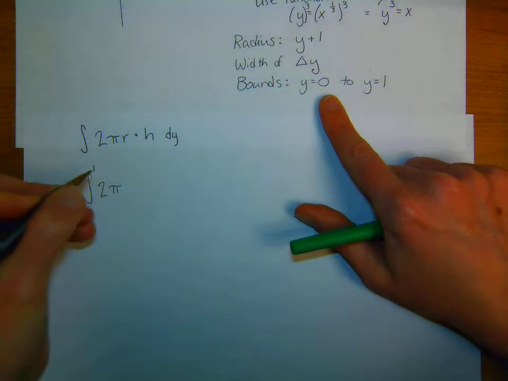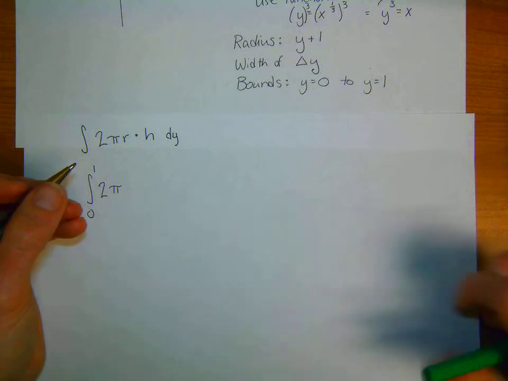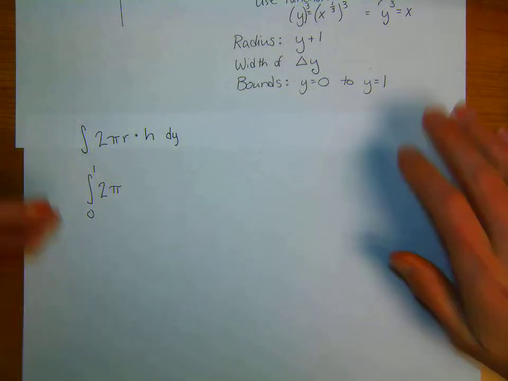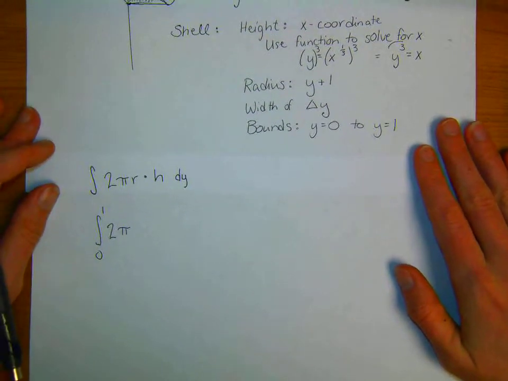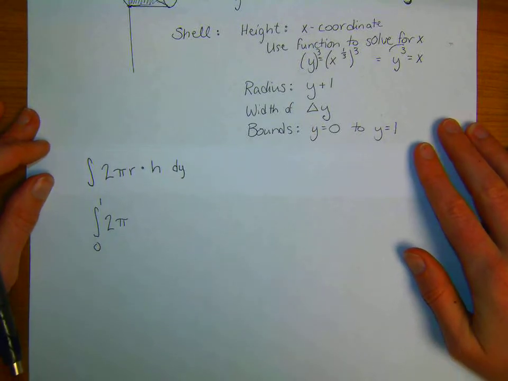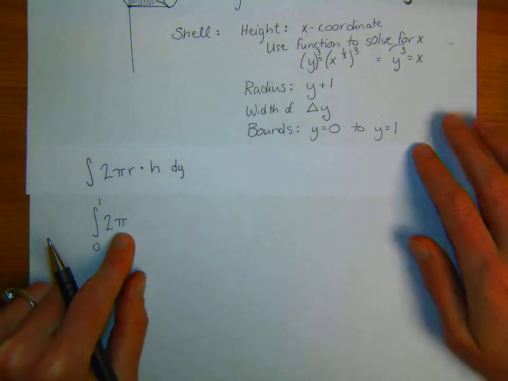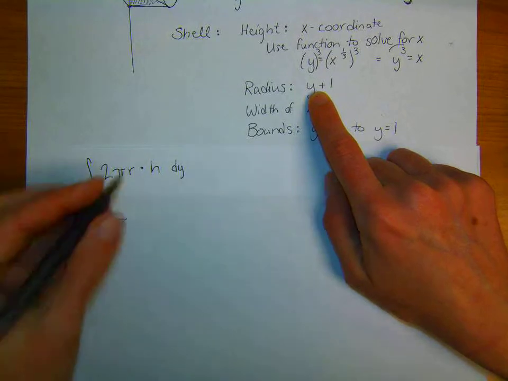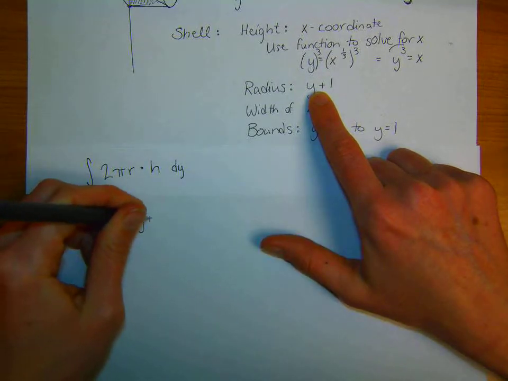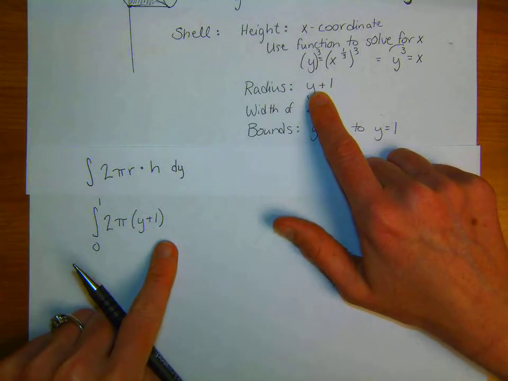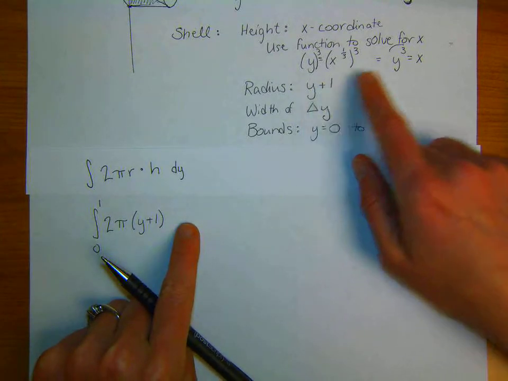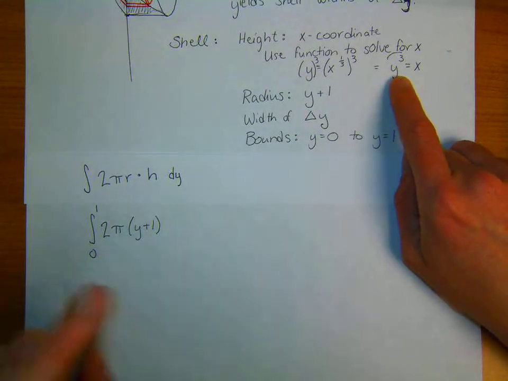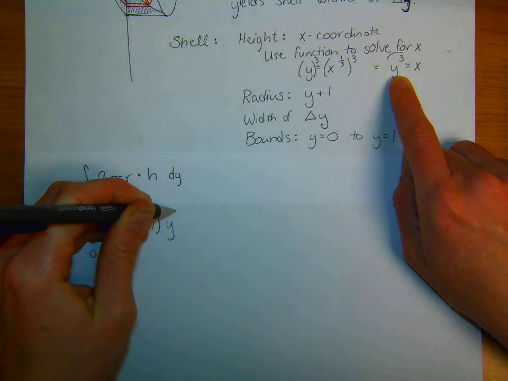We already found what the radius is: y plus 1. And the height is going to be y cubed.